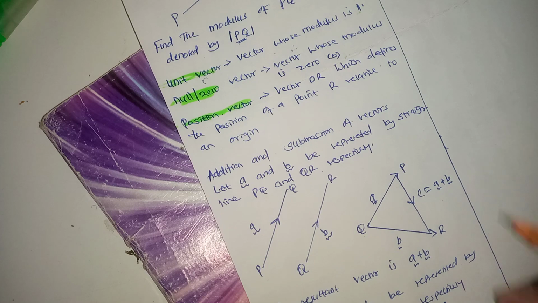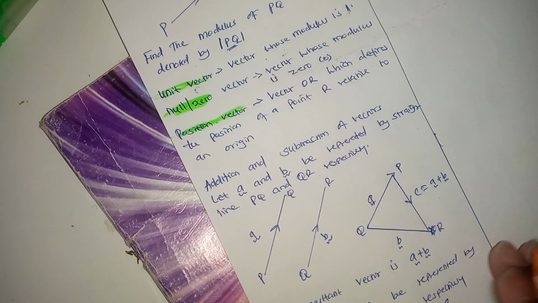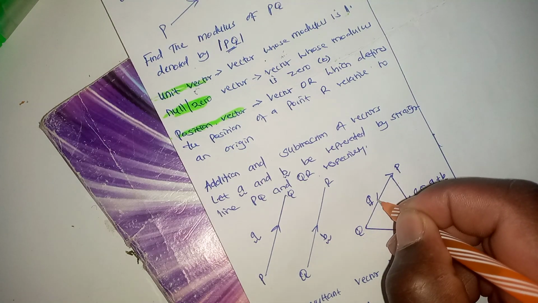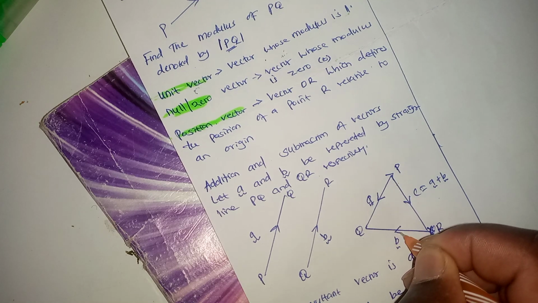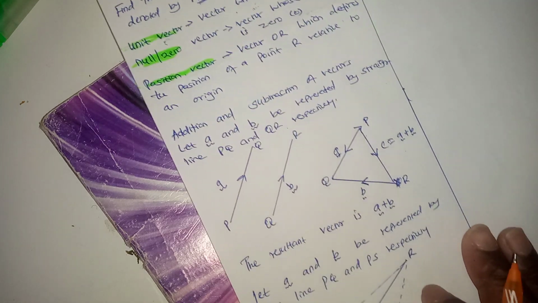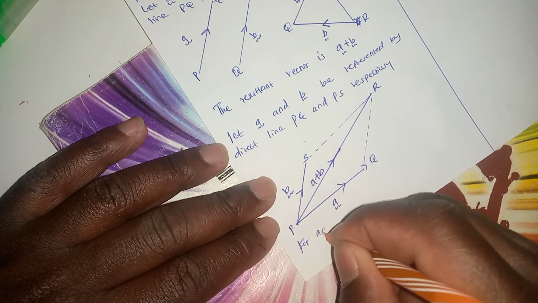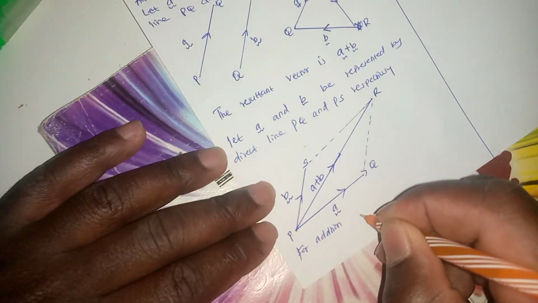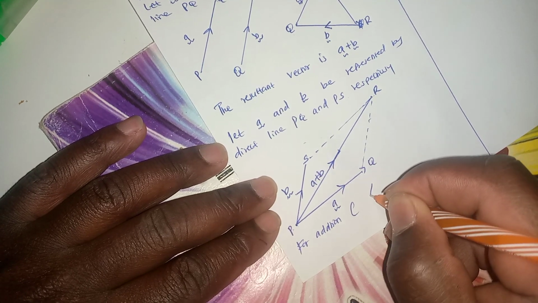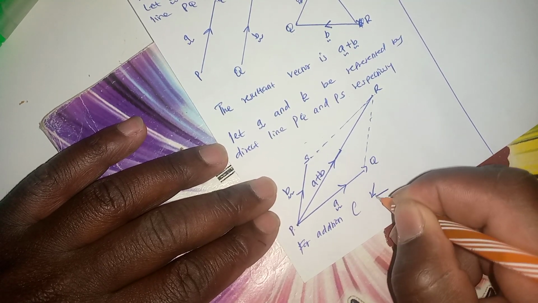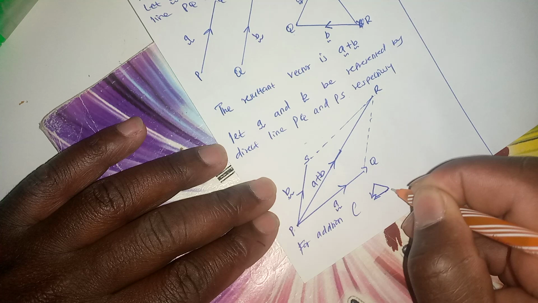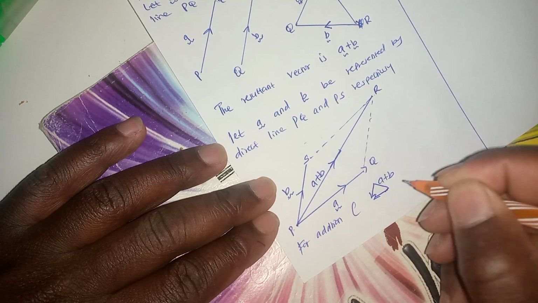So here the key point to note for addition is this thing you can plot like this, and this you can plot like this, then you find the resultant, which is A plus B here.